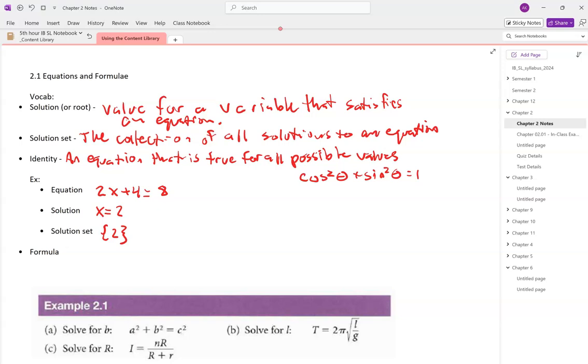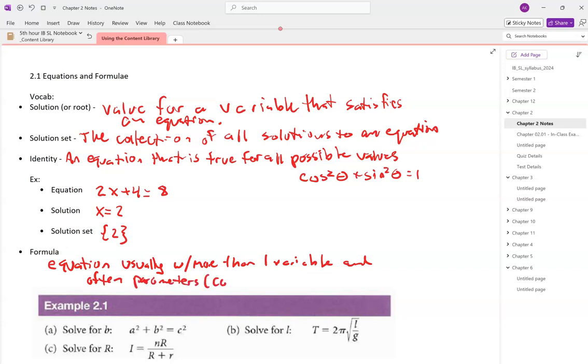A formula is just a type of equation, but it usually contains more than one variable. And oftentimes it contains parameters or constants.